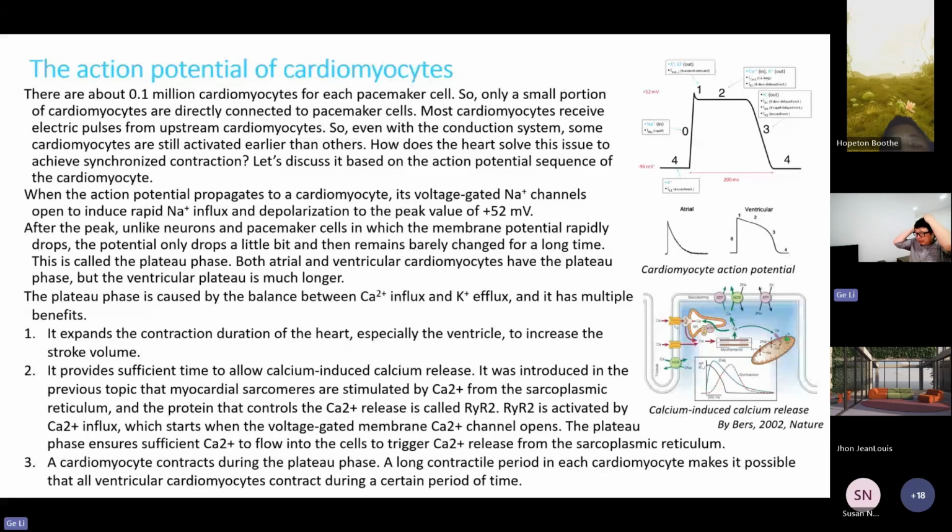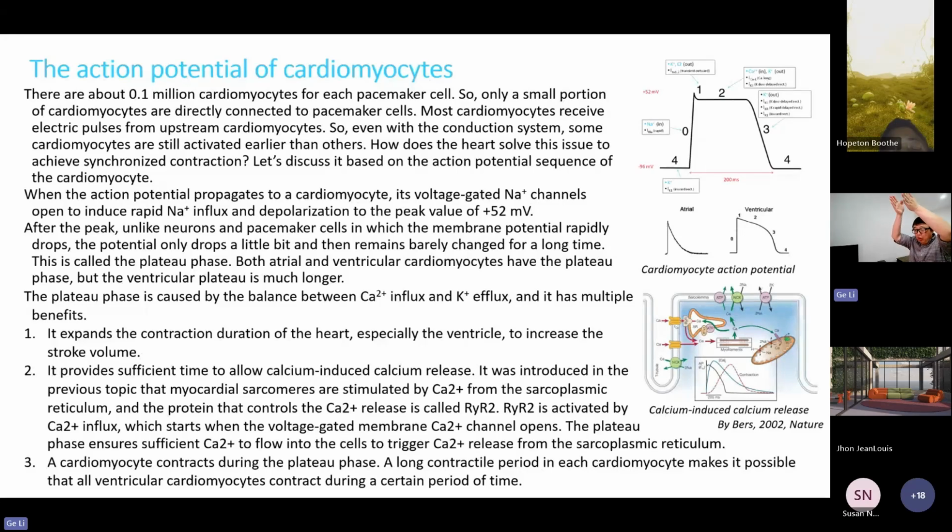So in these cases, even though the first cardiomyocyte, the second cardiomyocyte, and the third cardiomyocyte do not start at the same time, because each of them has a prolonged contraction time, they have an overlap. Each of those has an overlap.